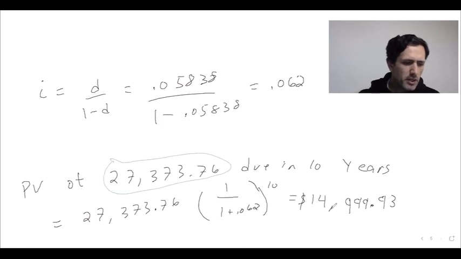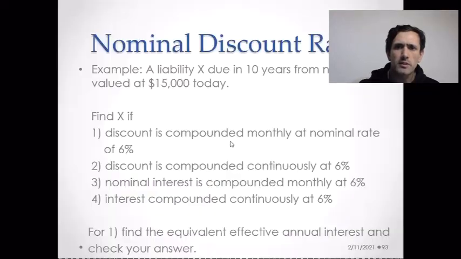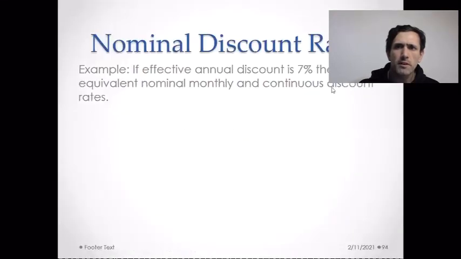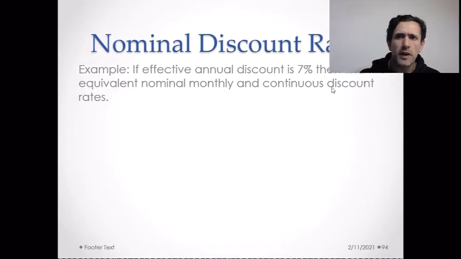Okay, and right, so a few more easy problems. If effective annual discount is 7%, then find the equivalent nominal monthly and continuous discount rates.